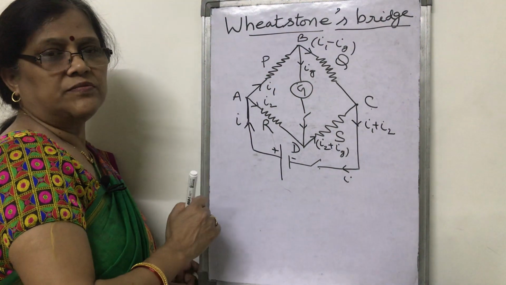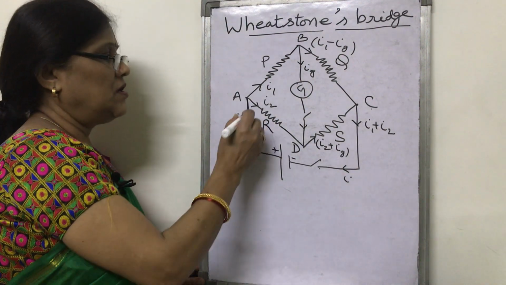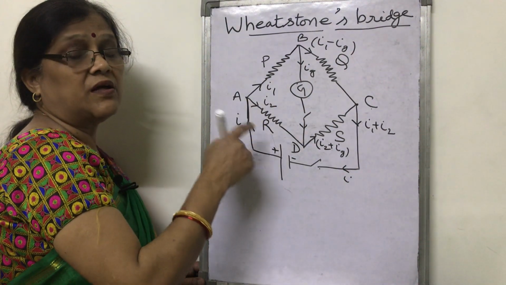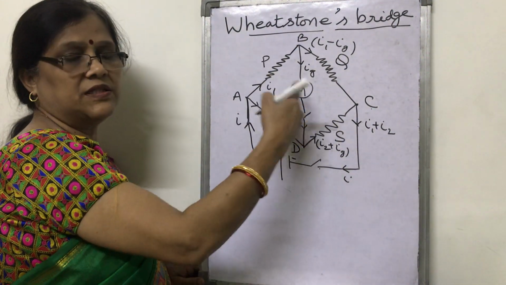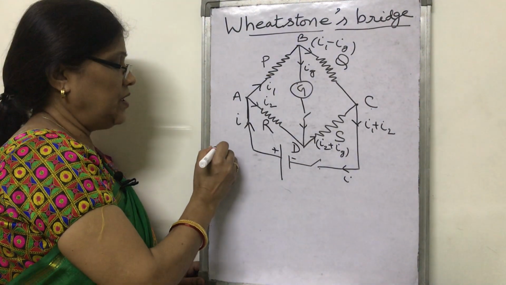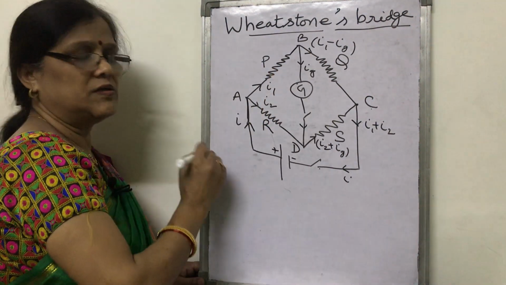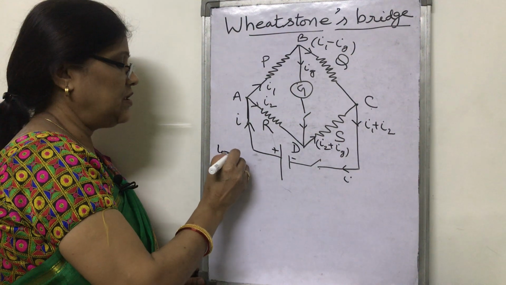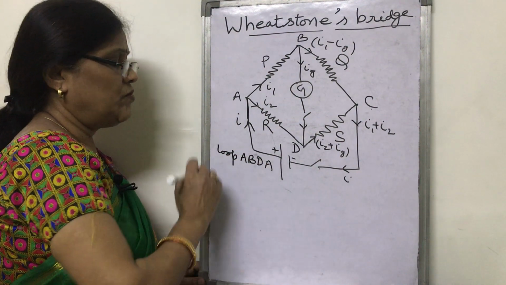How will you prove it? Look, if we apply Kirchhoff's rule here, we have arranged the bridge in this way. In the loop A, B, D, A, what will you write?